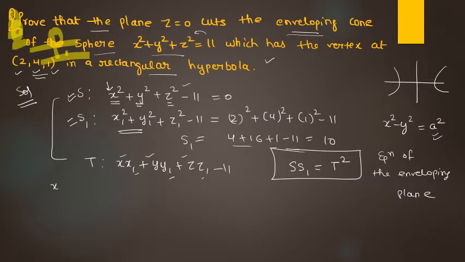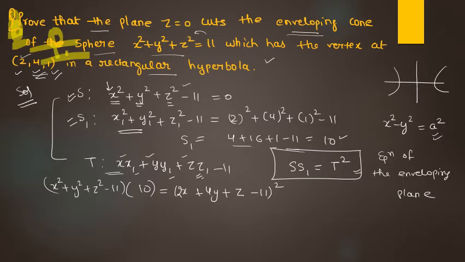So S is x square plus y square plus z square minus 11. Your S1 is just 10. Then it is equal to T square. T is this: what is x1? 2. So 2x. What is y1? 4. So 4y. And if you place z1 as 1, so z minus 11 whole square, right?